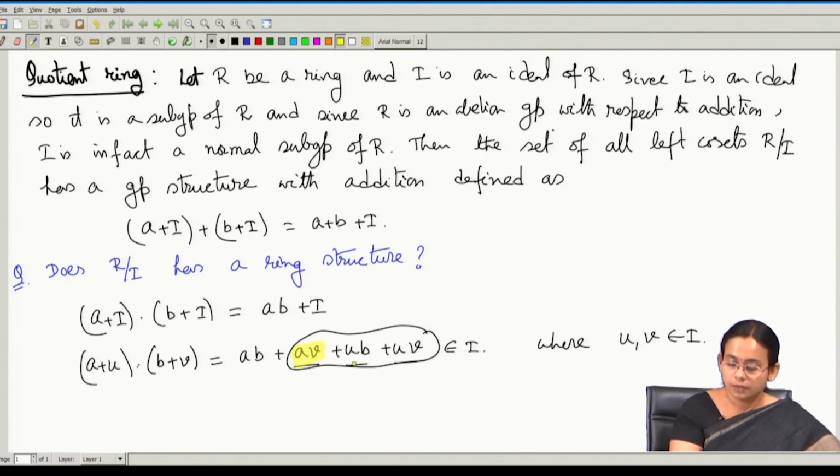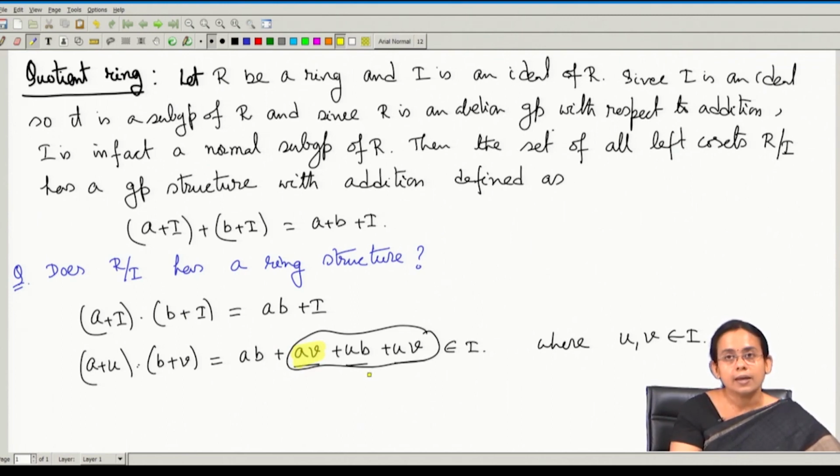If I simultaneously assume that I is a right ideal, then also it will not be in I. So, in that case I need my I to be a two sided ideal, which is nothing but an ideal.